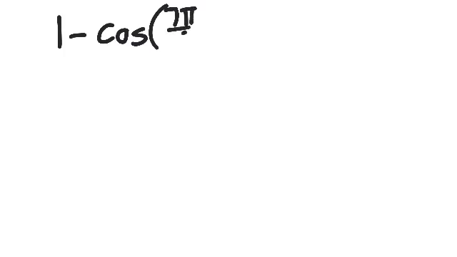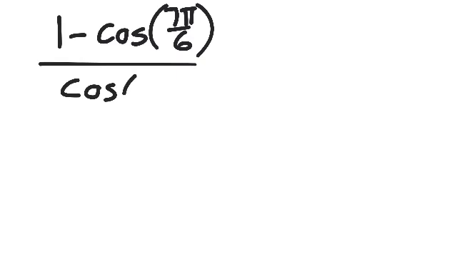Now the last one we're going to work is 1 minus cosine of 7 pi over 6, divided by cosine of 7 pi over 6. So I need to go ahead and find what cosine of 7 pi over 6 is.